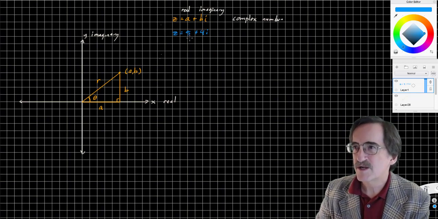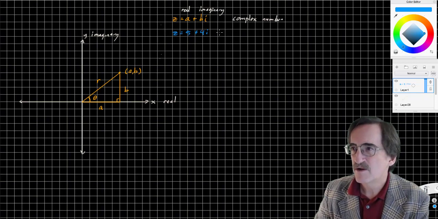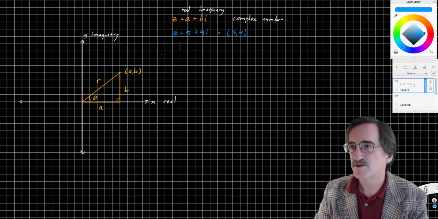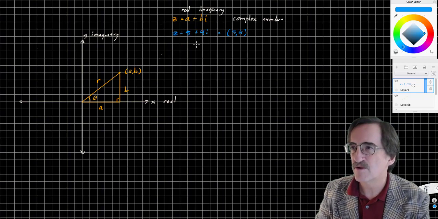So in rectangular form, it's 5 plus 4i, or in rectangular coordinates, (5, 4). We're going to express it in r theta form.